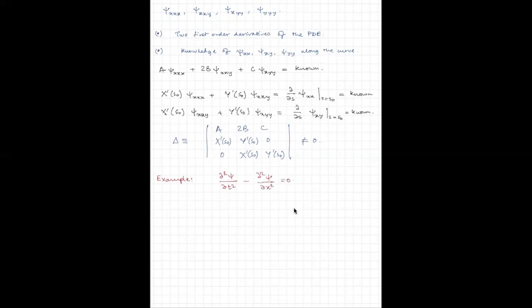And we have with it Cauchy boundary conditions: psi of x, 0 is equal to 0, and del psi del t of x, 0 is equal to minus 1.